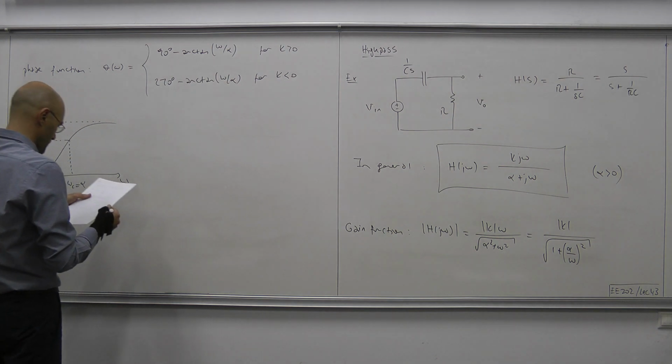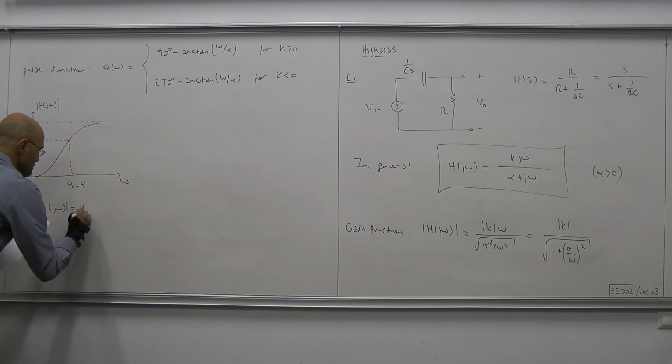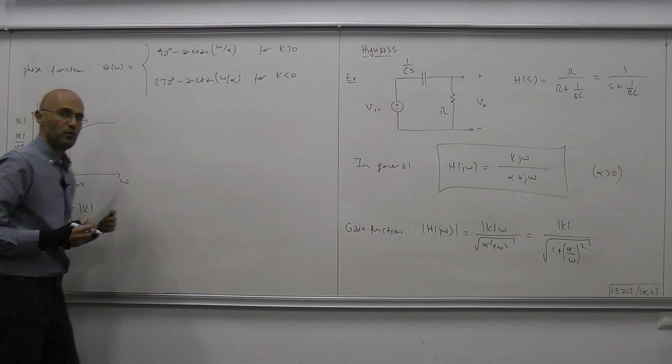Okay, so let's put that down. Max over omega of the gain g of omega equals the magnitude of k.